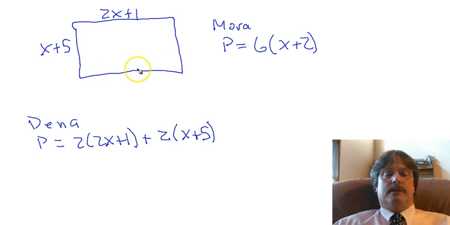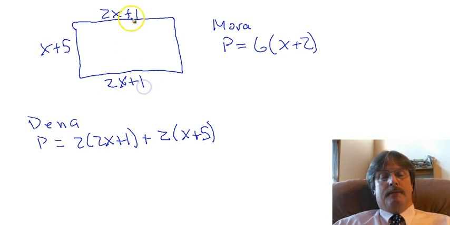So that means they're the same. So this side is also going to be 2x plus 1, same as over here. So this side is congruent with this side, and I'm going to write it on the inside for now. So this is x plus 5. So these two are congruent.